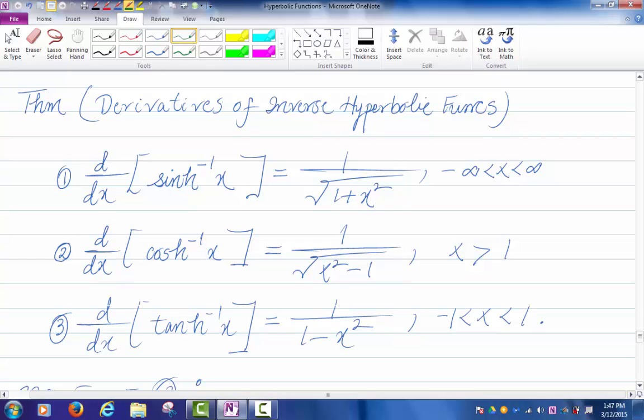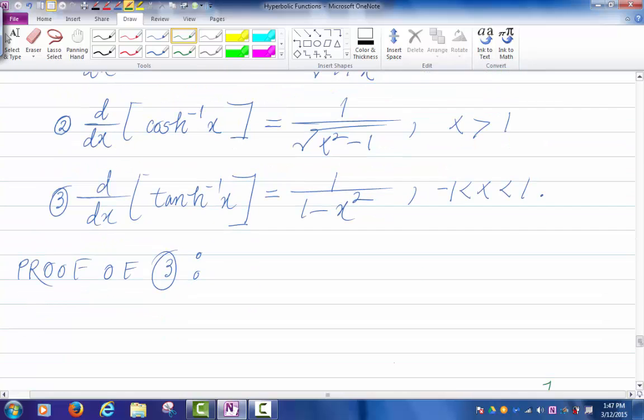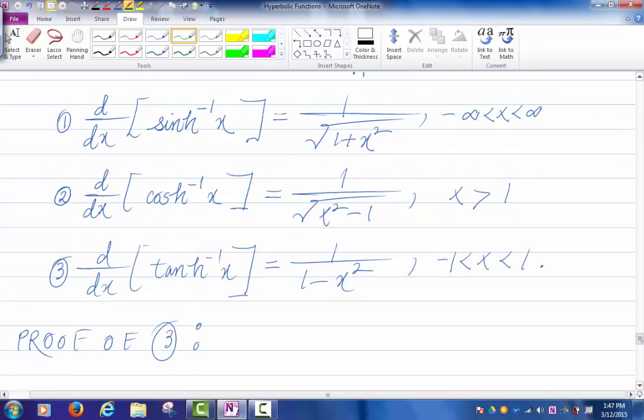Okay, so maybe we can derive one of them. In your homework for this section, there is one problem where it is asking you to derive the derivative formula for the inverse hyperbolic cosine, or some of you might have inverse hyperbolic sine.